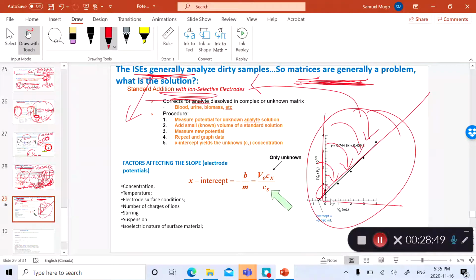Very similar to what you guys did with the AAS lab. You create a standardization calibration.